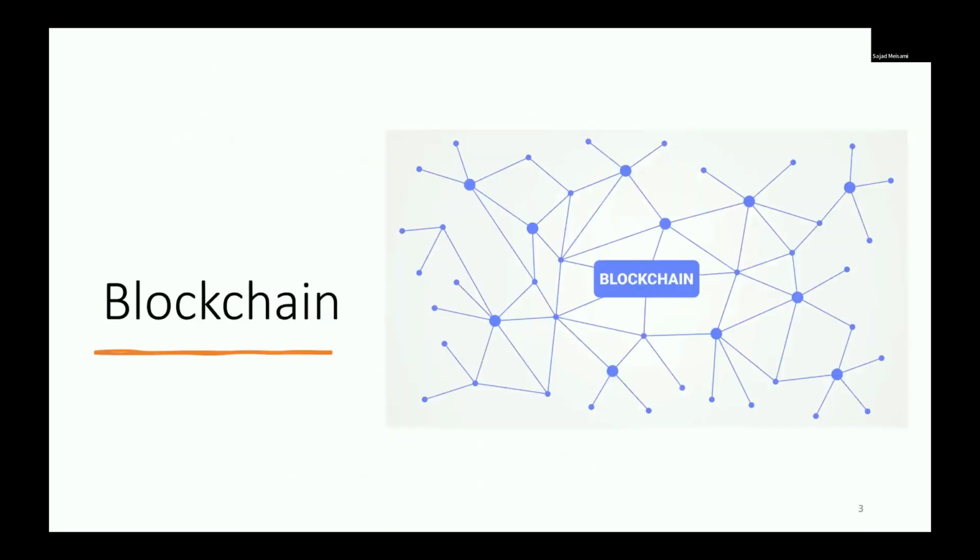Let me talk a little bit about the blockchain. Blockchain is a multiple time-stamp ledger of blocks that is used for sharing and storing data in a distributed manner by a peer-to-peer network. The blocks in blockchain are shared across all participating nodes, which eliminates the need for a central authority, and then there is no need for a third party for creating trust.